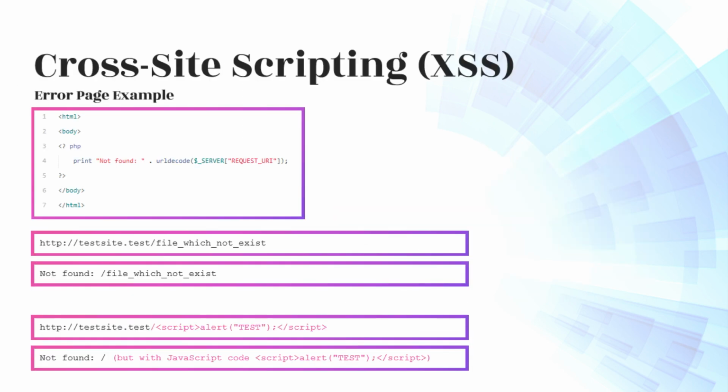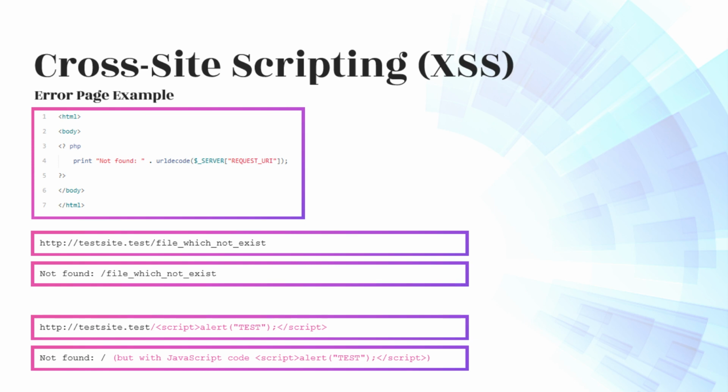Another example for cross-site scripting is the error page example. Here, the code that you will see in front of you is basically the 404 error page that we see in a website. The page does not exist, so there's a custom-written web page that tells us that this page does not exist, and it actually gets the page name from the request URL and says that the page is not found.